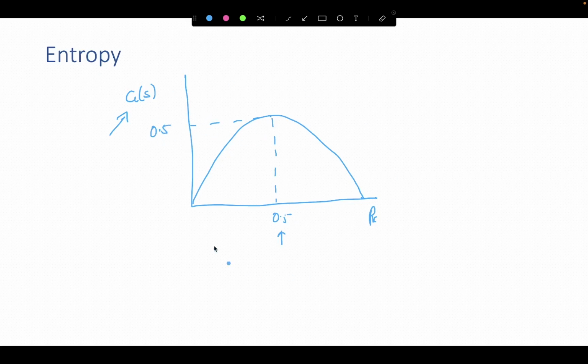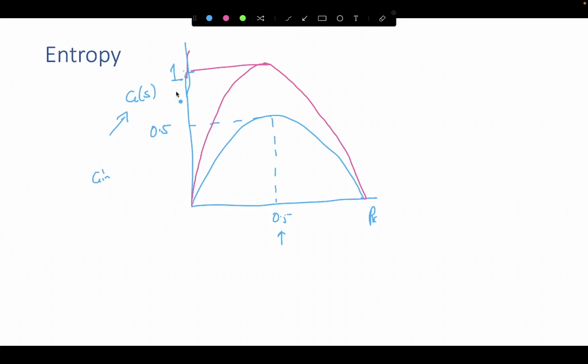This is what we understood for Gini impurity. So this was your Gini impurity. Now for entropy, this curve is going to find its maximum for a non-homogeneous node at a value of 1 here.